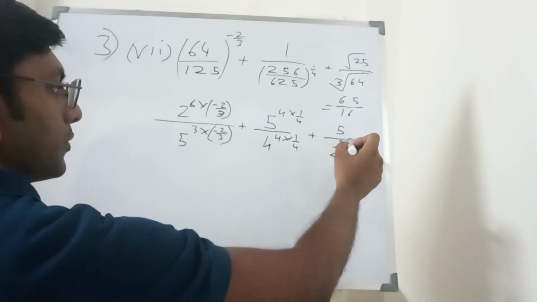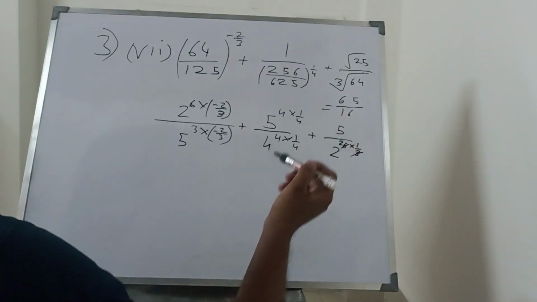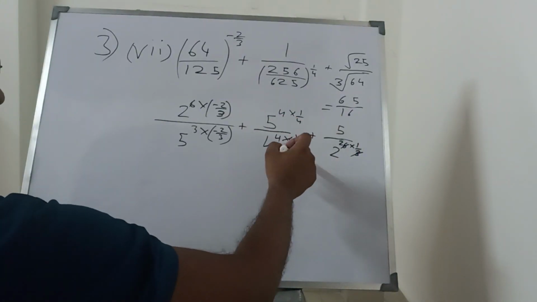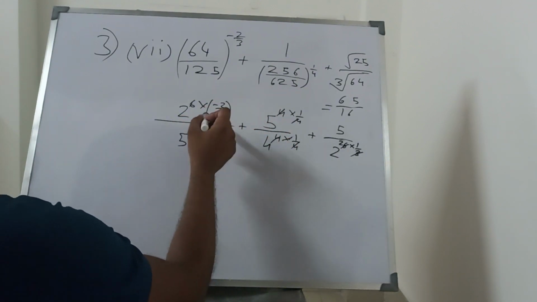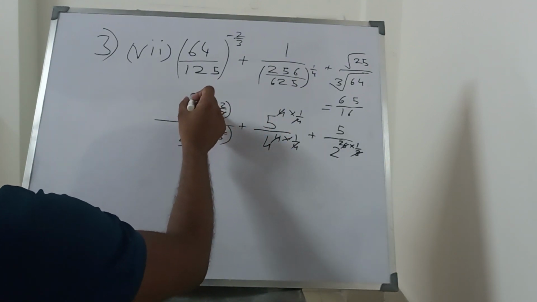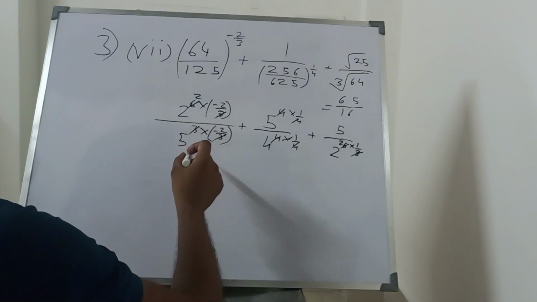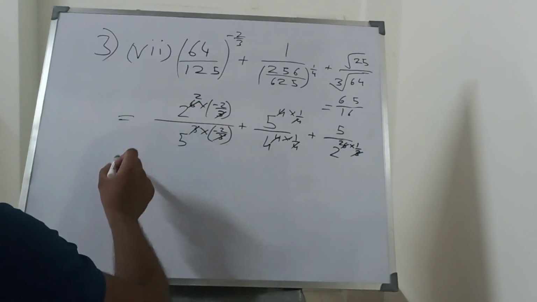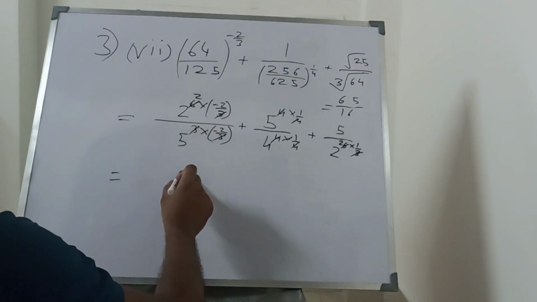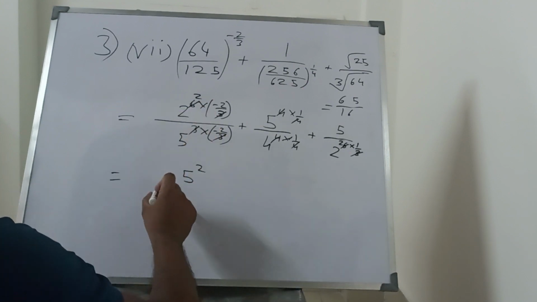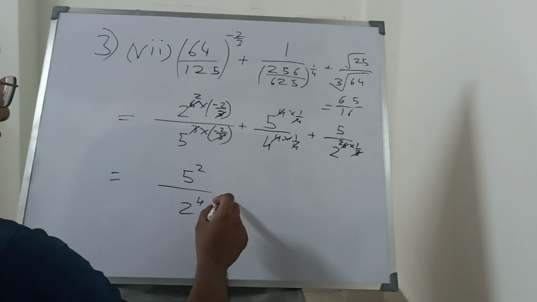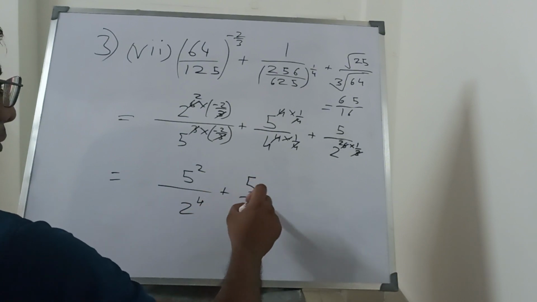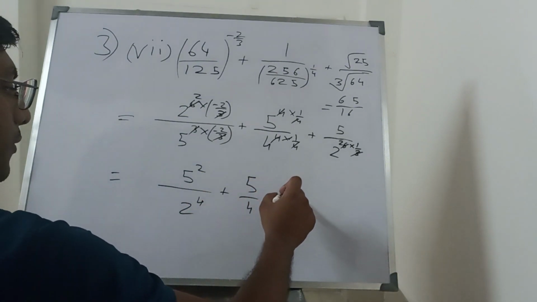So it's 2 square. So again it's 5 by 4. If I cancel this, this will be 5 by 4. If I cancel this, so again it will be something like 5 square if I write it in the numerator and divided by 2 to the power 4 plus 5 by 4 plus 5 by 4.